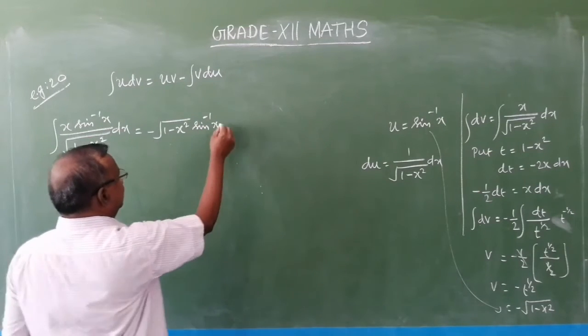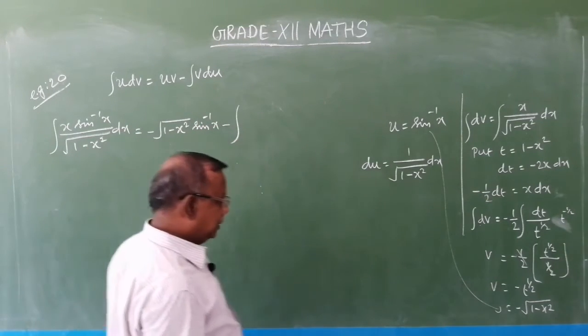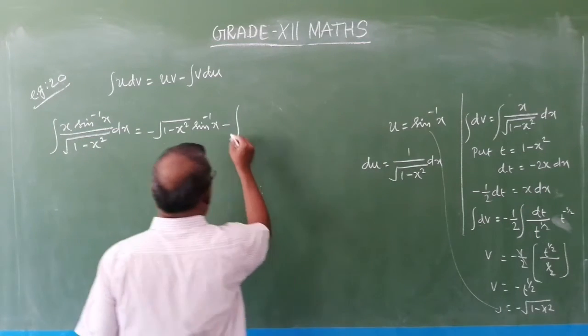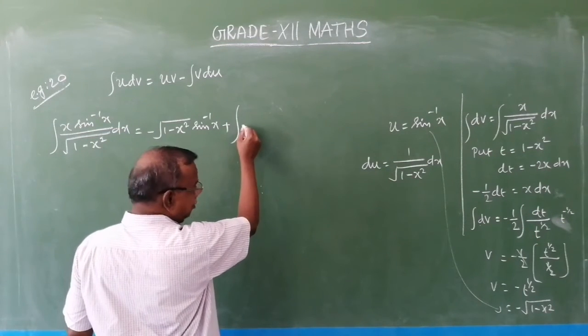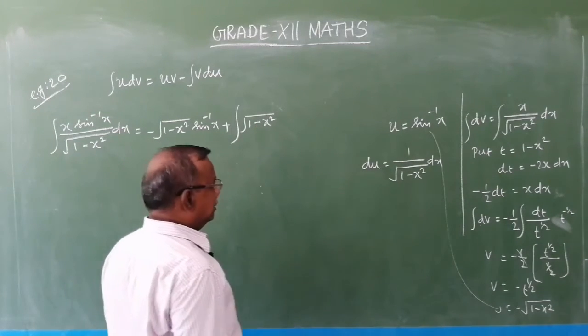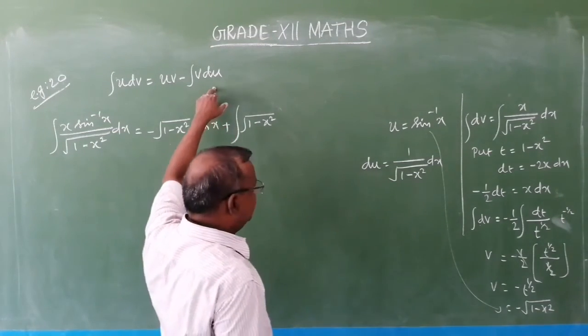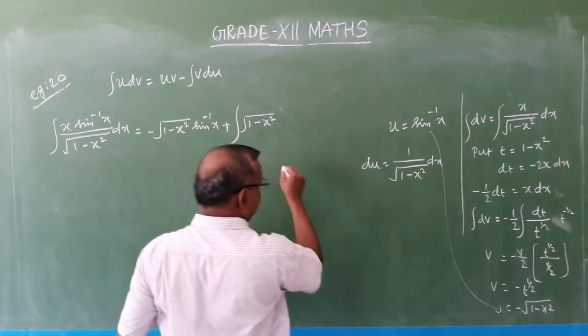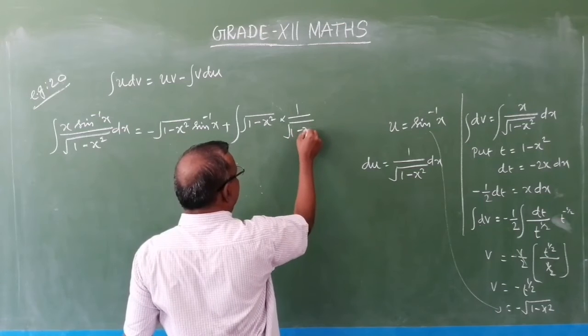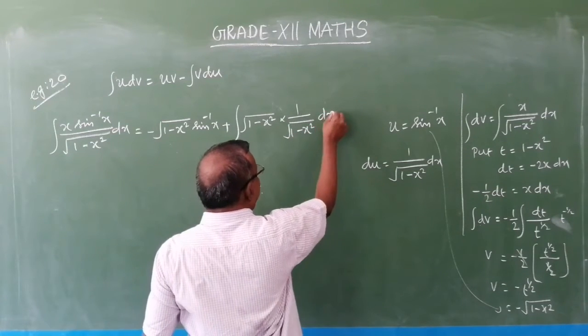So uv minus integral v du. V means minus root of 1 minus x square, minus into minus plus root of 1 minus x square into du. Du means 1 by root of 1 minus x square into dx.